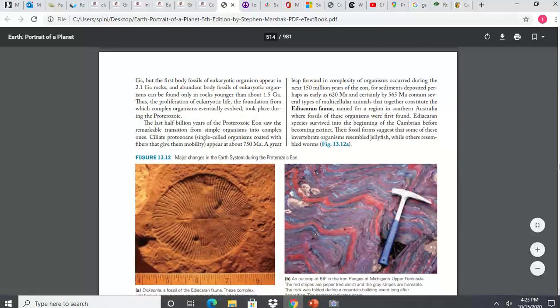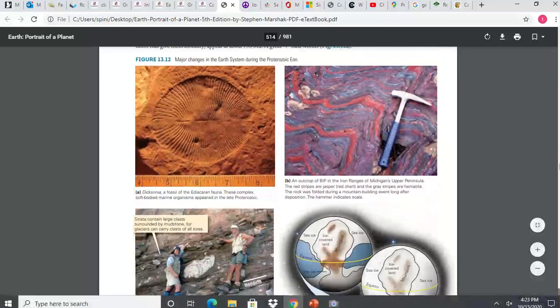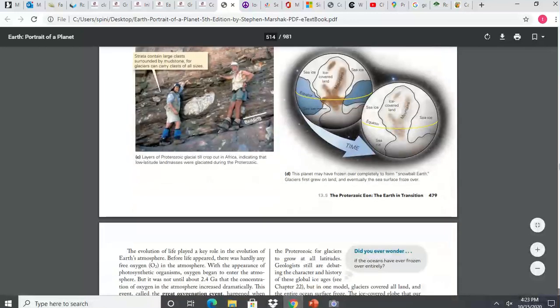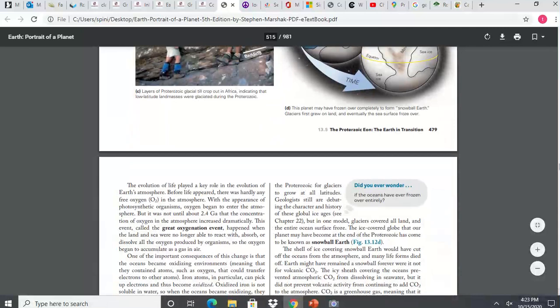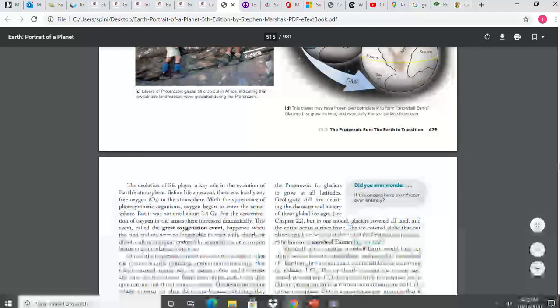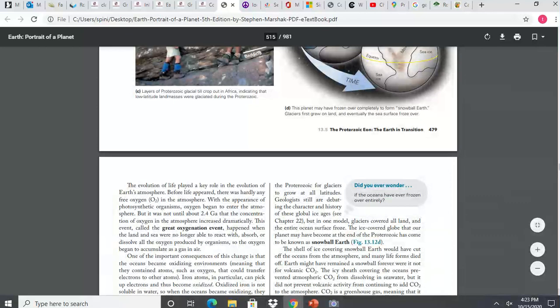Now, this is also a time when organisms are beginning to differentiate in that now we have plants. We have organisms that are absorbing carbon dioxide. They are photosynthesizing. And as you know, the waste product of photosynthesis is oxygen.